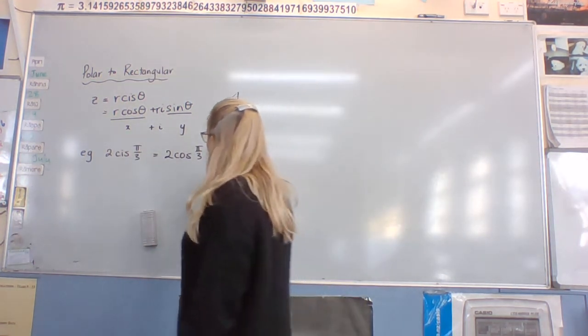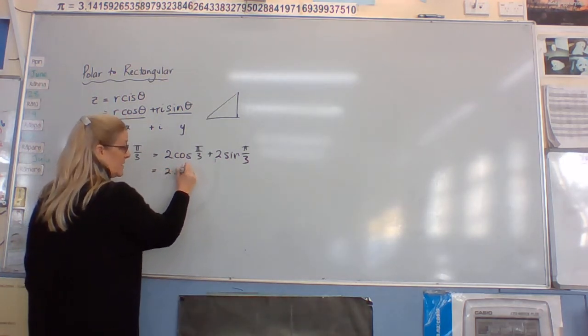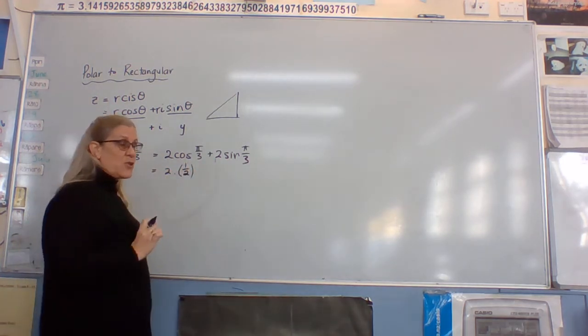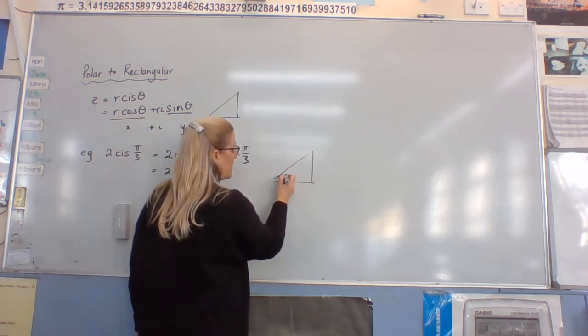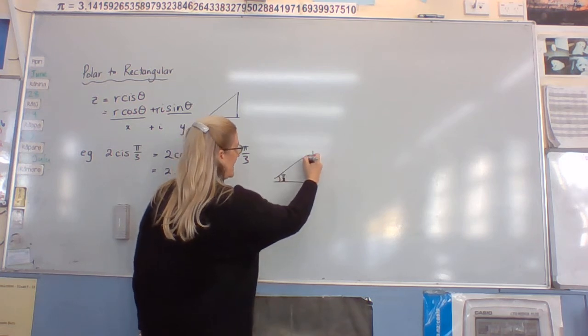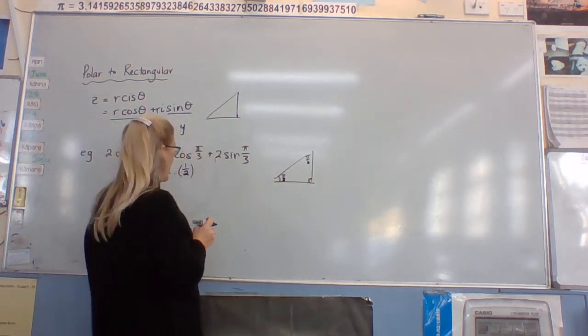So what is cosine pi by 3? It's actually a half, using special triangles. A special triangle looks like this. This is pi by 3. This is pi by 6. Right angle triangle. Those all add up to 180.